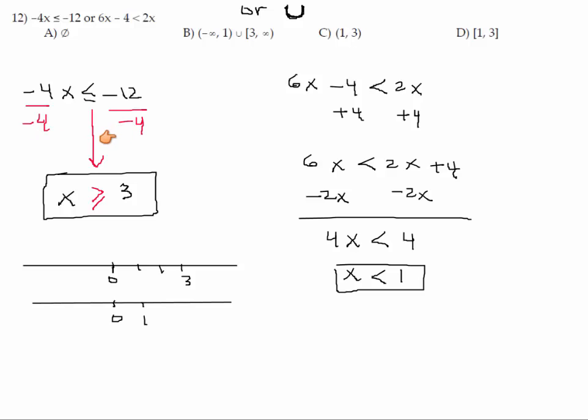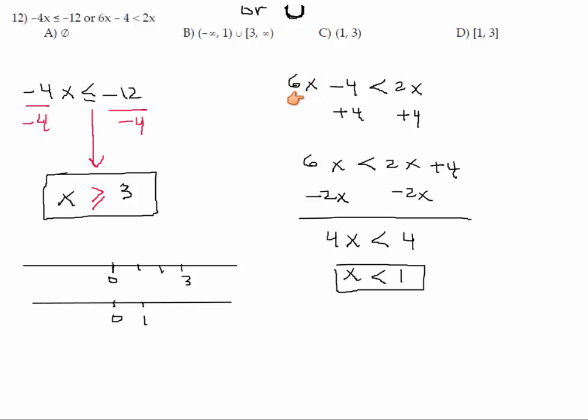I have to change the direction of the inequality to its opposite direction. So that gives me 3. Right. And then on the other side, the 6x minus the 4. Okay, so you're okay with this now, right? I'm okay with that side.